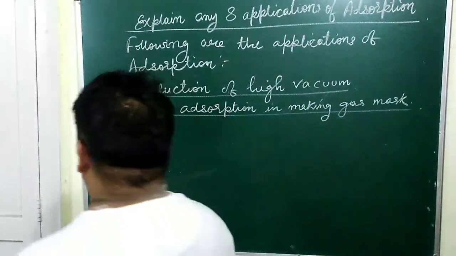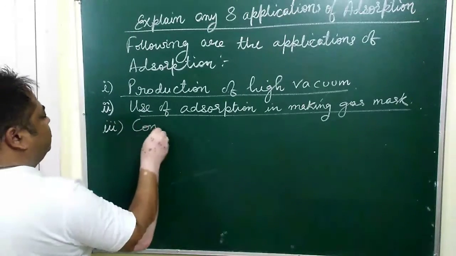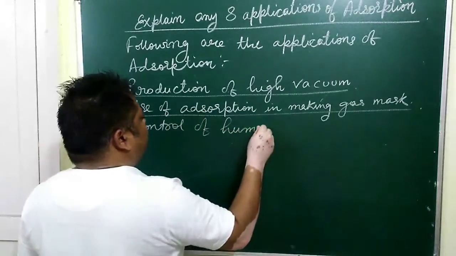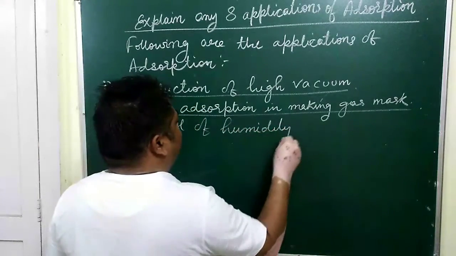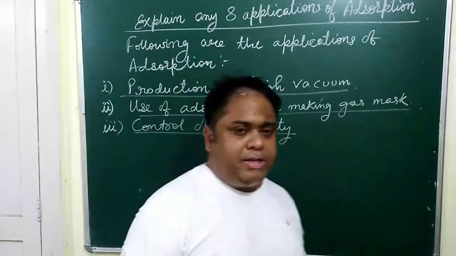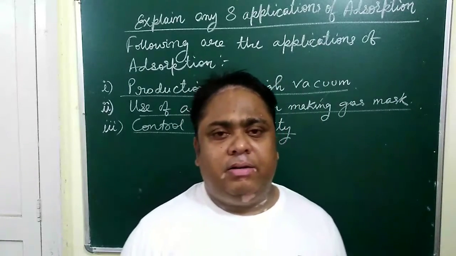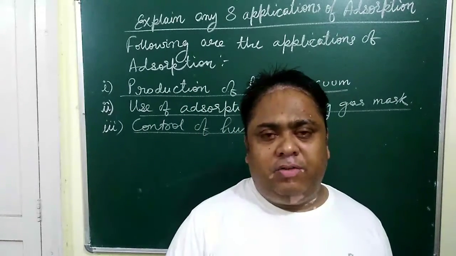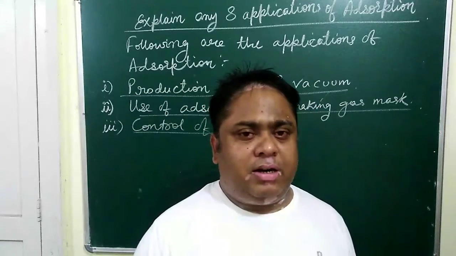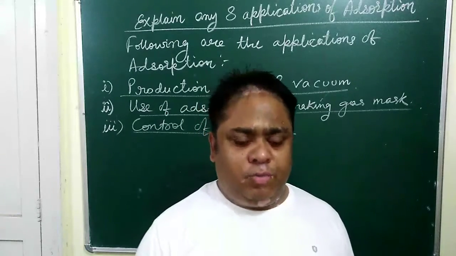Okay, so next is control of humidity. In case of electronics, there are certain circuits which have to be made in a very dry condition, in which moisture can disrupt the circuit, because moisture can conduct electricity feebly, and that would be very harmful for the circuit.